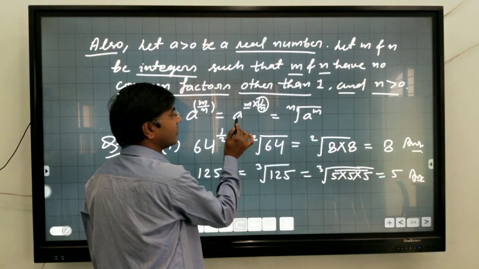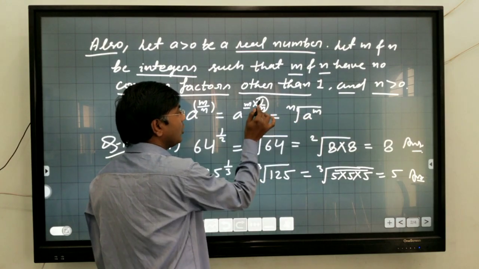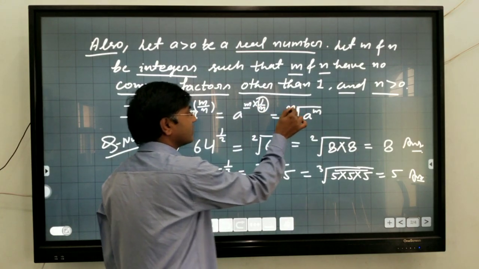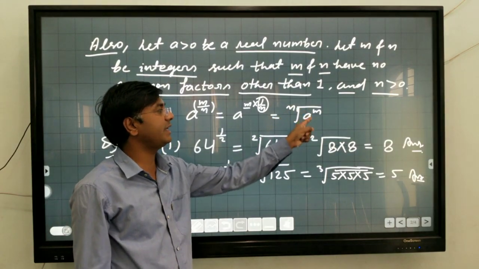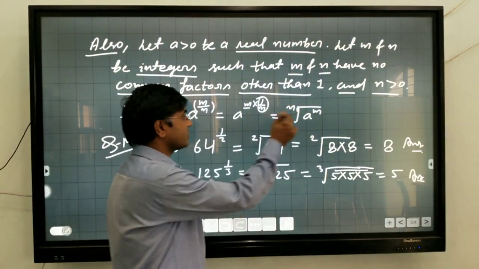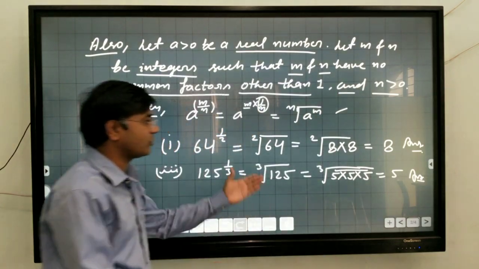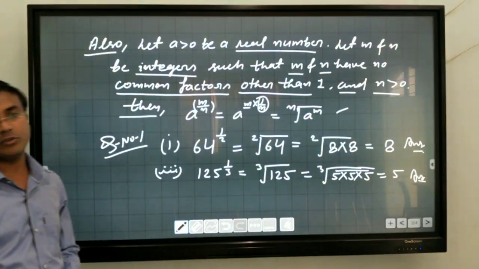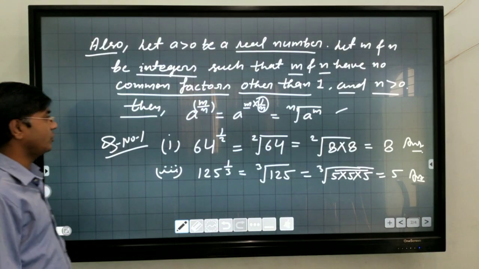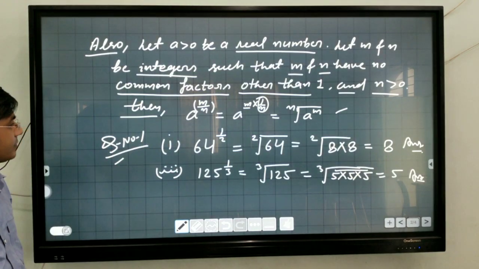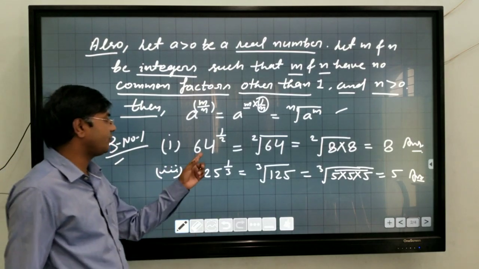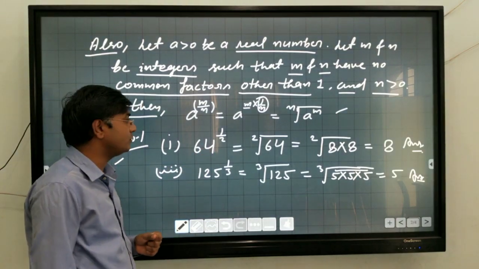This m is the power of a, and the 1 by n is written as the root, the nth root of a raised to the power m. This is a very important property because many questions are based upon it, which we will solve. So now let us use these laws in the exercise problems. First, 64 to the power 1 by 2.